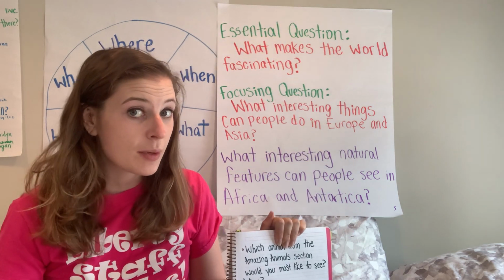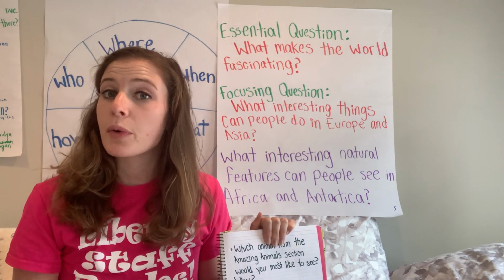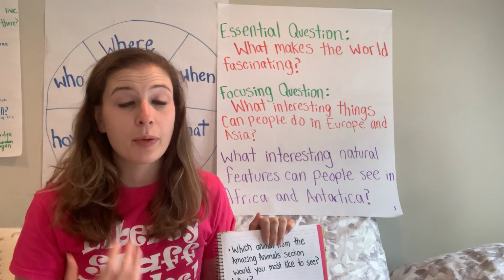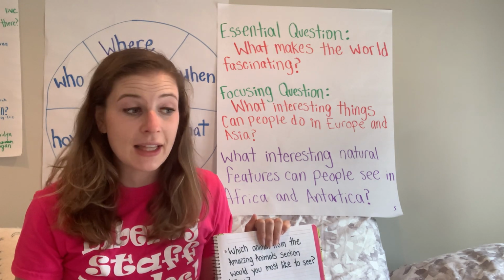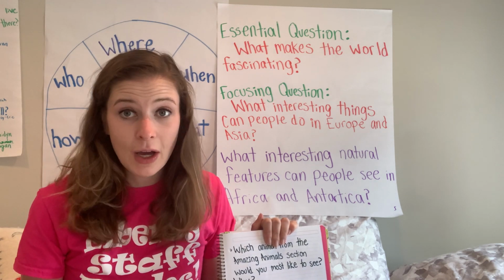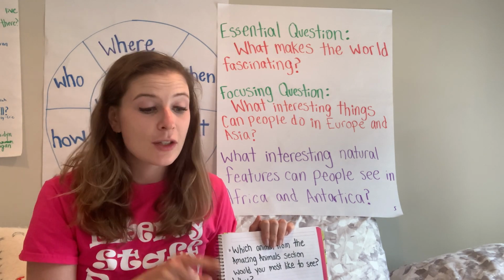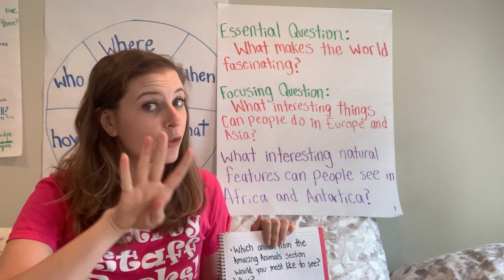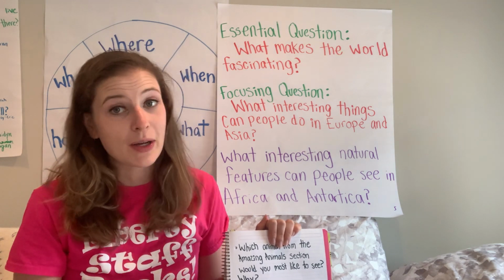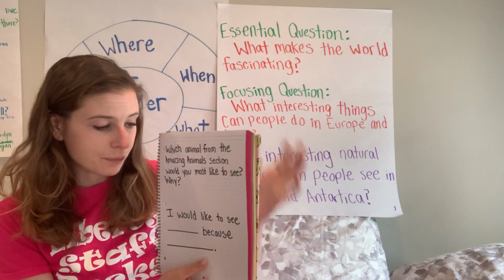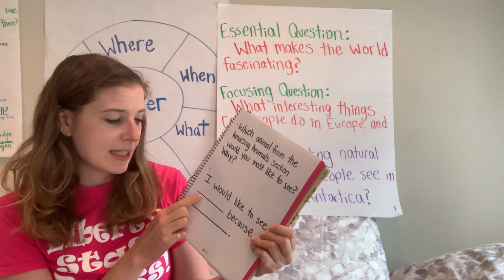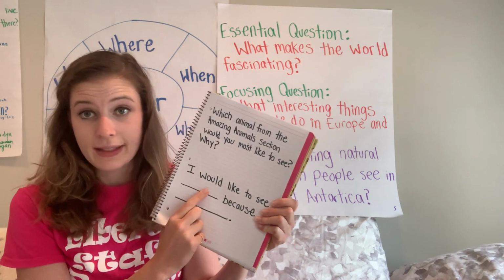So we talked last week in our opinion writing about how important it is to answer the prompt. So if you write that you want to see flamingos, that was not one of our 4 choices that was in our book. So you need to pick one of those 4 choices so you can answer the prompt. So I would like to see, maybe you'll put lions, okay?